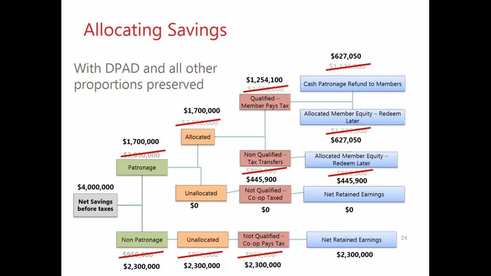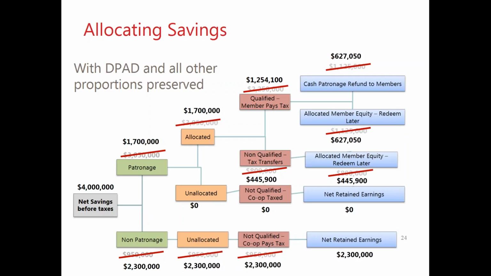If the co-op's not paying tax on it, if they're taking it as a deduction, it's no longer income that can be passed through. So that reduces the total amount that will be allocated to membership through the patronage route. It drops from $3 million to $1.7 million. It reduces the cash patronage refund all the way down. It reduces the non-qualified on the tax transfers and increases in a significant way the non-patronage equity, and that's the equity that goes in retained earnings.